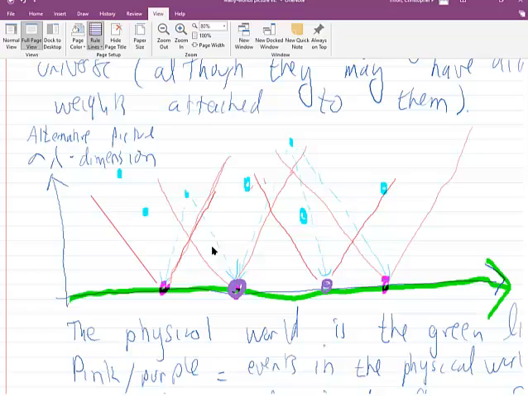It also affects this purple event here because it's in the cone of the purple event. So each event in physical space has a cone of influence, and some pre-events may be in more than one cone. For instance, this event here is in 3 cones. It has influence on this event, and on this event.